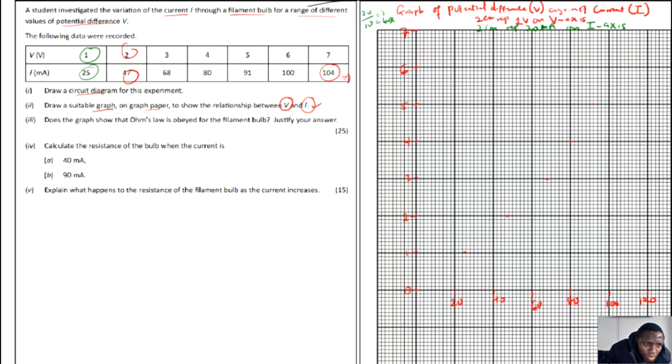So that's 5 and 91, and the next one is 6 and 100. 100 is going to be here. And the last one is 7 and 104. So we have 7 and 104. So we are going to have 102, 104.